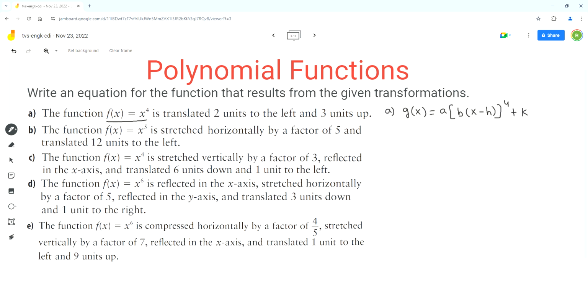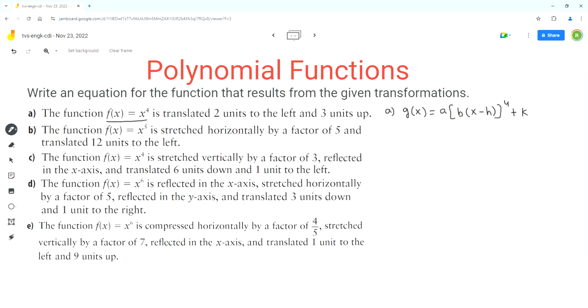Different teachers use different letters for A, B, H and K, but the resulting transformations are the same. We have to find the values of A, B, H and K based on the given transformation descriptions, and then we'll use those values to write the transformed equation.